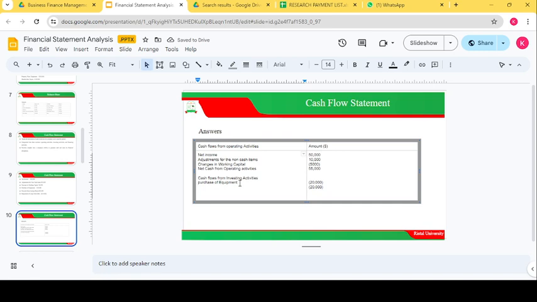This is the net cash flow from investing activities.